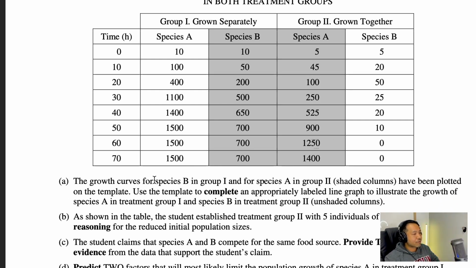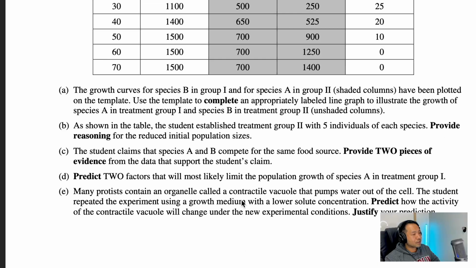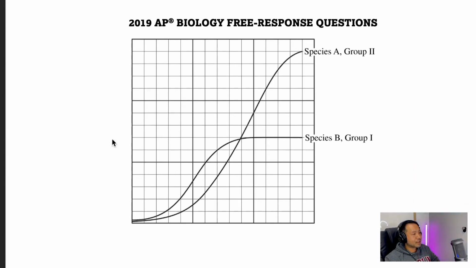Okay, so let's take a look at some of these questions. The growth curve of species B for group 1 and group 2 species A have been plotted. Plot the other two and label the graph. I'm not going to necessarily do that in this video, but basically the non-shaded one you want to lay on top of the graph that they've drawn here.